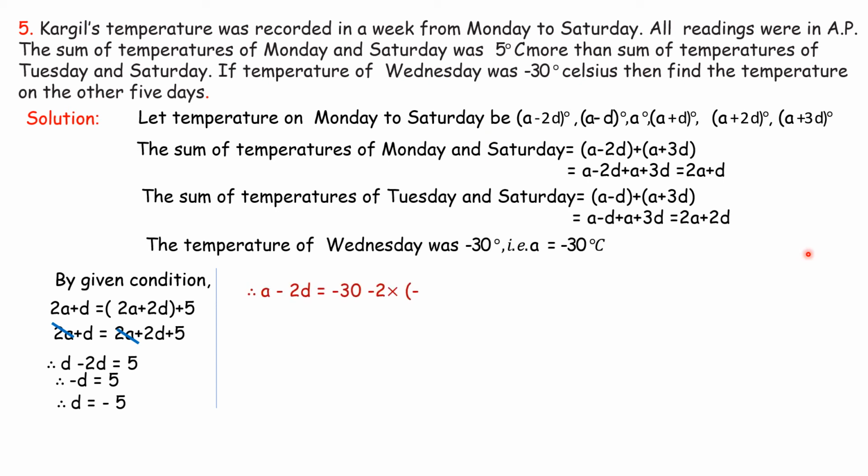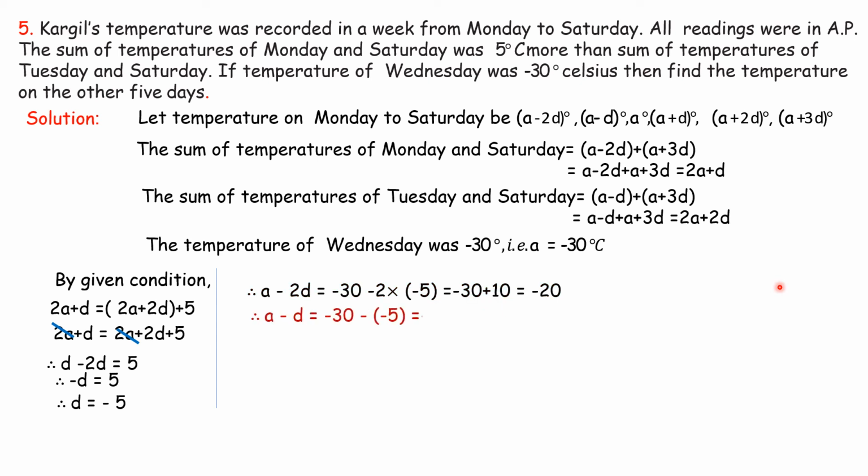Therefore, a minus 2d is equal to minus 30 minus 2 into bracket minus 5, that is minus 30 plus 10, is equal to minus 20.